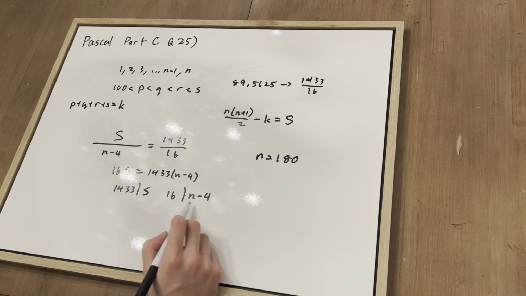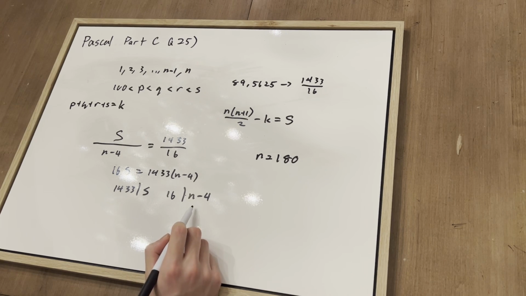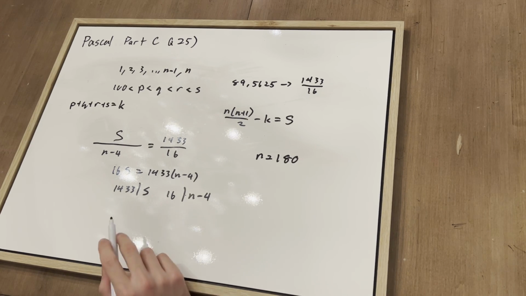Since we know that 16 divides n minus 4, that means n minus 4 must be a multiple of 16.